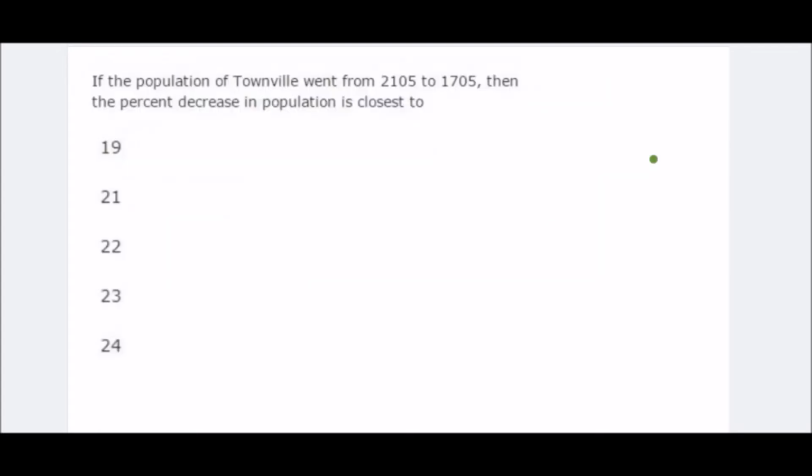So here is our second question. The question mentions that the population of Townville went from 2105 to 1705, then the percentage decrease in the population is closest to. So we have to find the percentage decrease in the population.